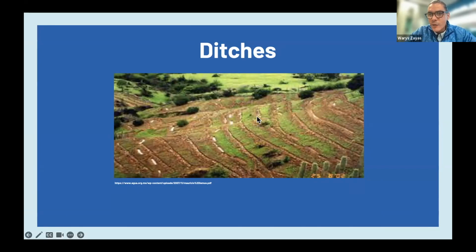So ditch systems are really recommended to manage water in the right way, and even to promote the infiltration of the water, right? So ditch systems are another practice that I all the time recommend to the farmers that are farming on slopes, right?